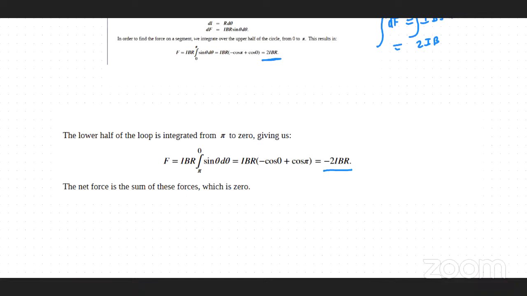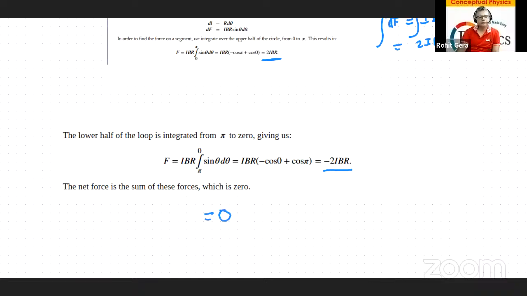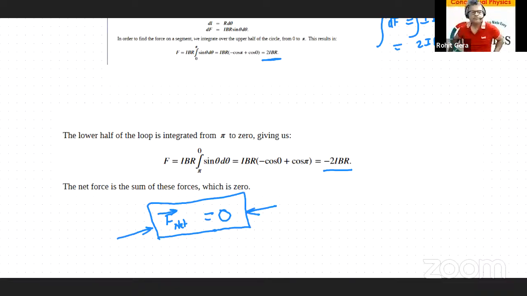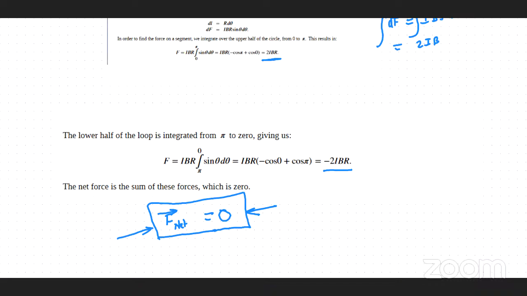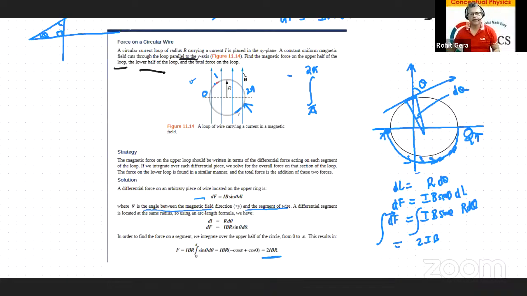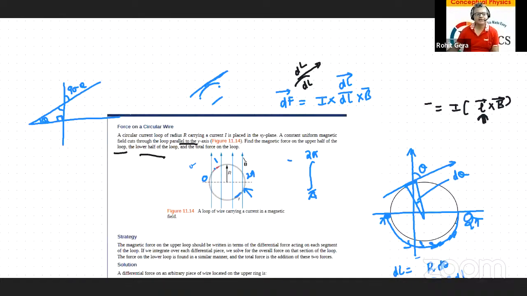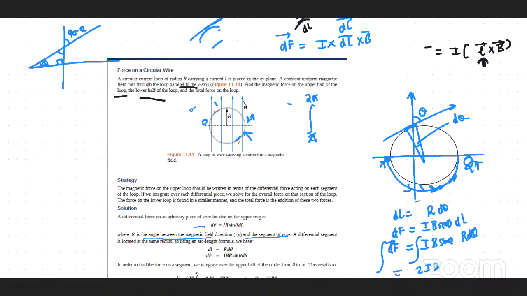So the net force on the total loop is, so the net force on a circular current carrying wire, where the magnetic field is parallel to one of the axes, the y axis, straight in the xy plane, the answer is 0.